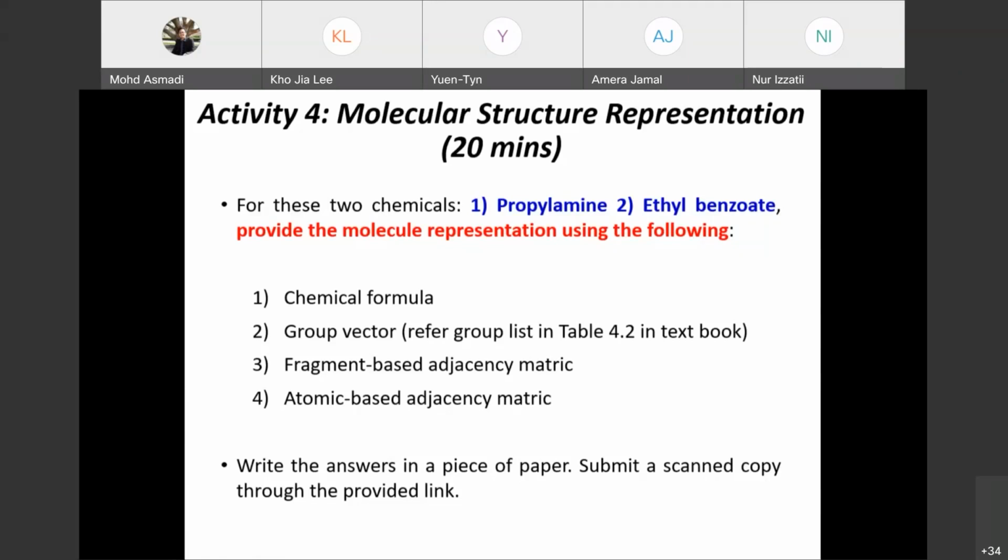The structure, what, the ethyl benzoate? I told you it's only propylamine.